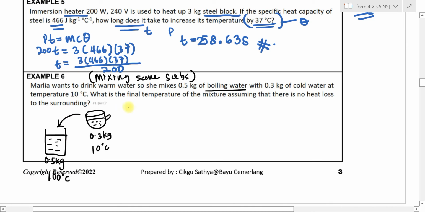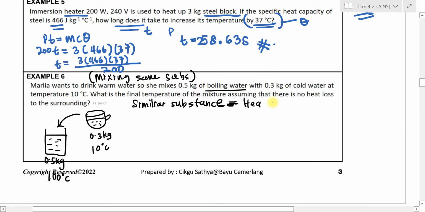The key point is both the substances are water, right? So you need to know that similar substance, kalau substance dia sama, heat capacity dia sama lah. Tak kisah dengan mass dia. So barang yang sama mestilah mempunyai heat capacity yang sama.